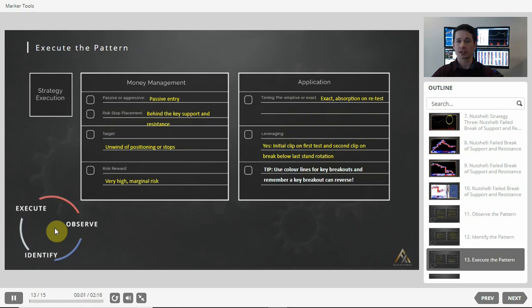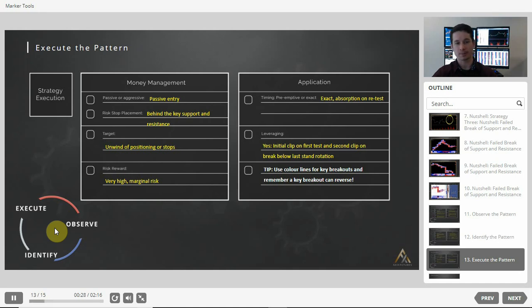So in terms of execution, some of the things we're going to pay attention to, again: do we want to be passive or aggressive? We can afford to be quite passive in this instance, as we're waiting for that consolidatory zone around the original breakout zone. Okay, we did show you a great example there of how the market spent quite a bit of time auctioning around the breakout point before moving quite aggressively lower.